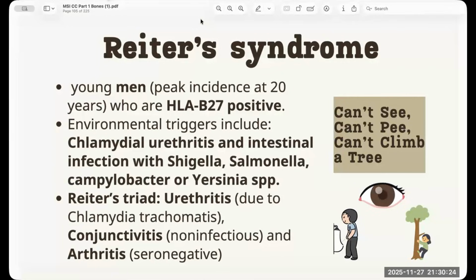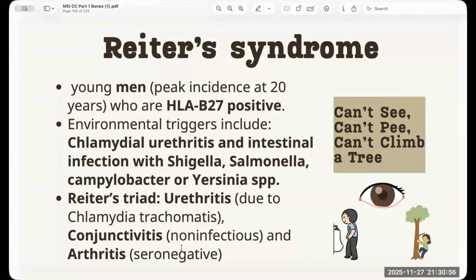There's a very known triad that comes with Reiter's disease. It's urethritis, conjunctivitis, and arthritis. So urethritis, which is the inflammation of the urethra in a male due to chlamydial infection. Conjunctivitis, which is inflammation of the conjunctiva of the eye, and arthritis, inflammation of the joint.